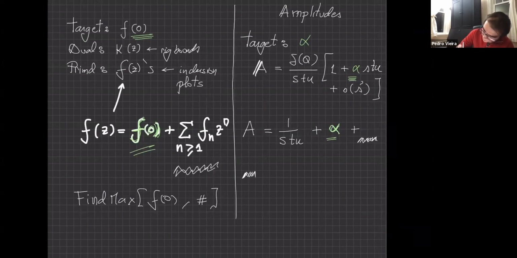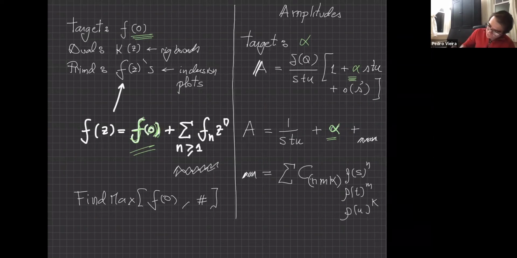Now we can say that this would be a triple expansion, a sum, with some coefficients C that are symmetric, N, M, K, they are fully symmetric, times rho of S to the N, times rho of T to the M, times rho of U to the K. Where these rhos, again, map the cut plane centered around, say, minus L Planck squared to the unit disk.